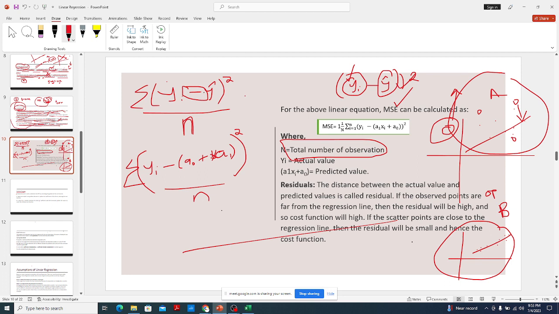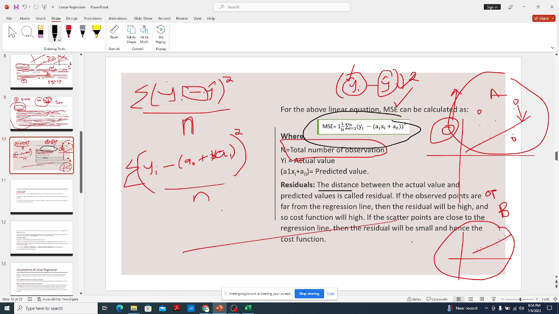And one way is the cost function, which aims at optimizing the coefficients for us to have a better model. So the above linear equation, this is the calculated mean squared error. Then we have the residuals.